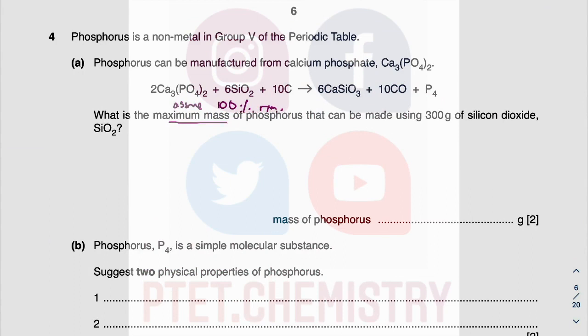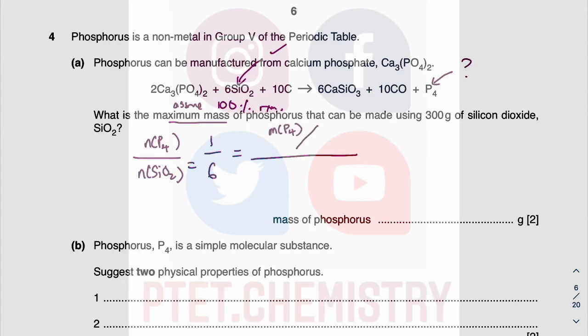We have silicon dioxide, so we have to compare the mole ratio of the P4 relative to the SiO2. From the balanced equation, one P4 is formed from 6 SiO2. How about in reality? In reality, you have the mass of the P4 over the molecular mass.